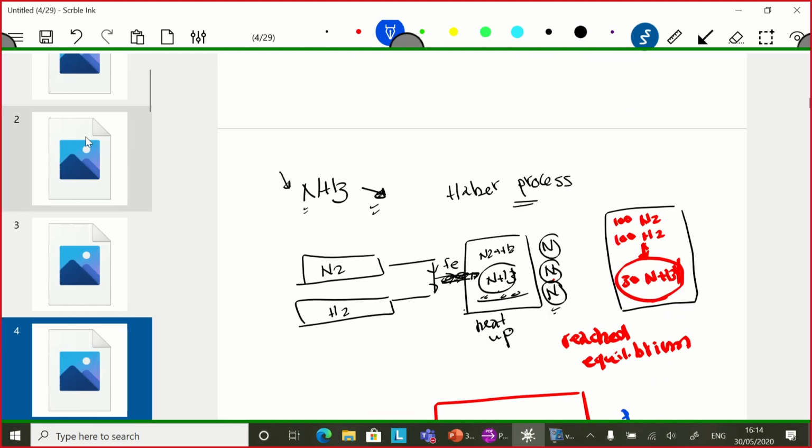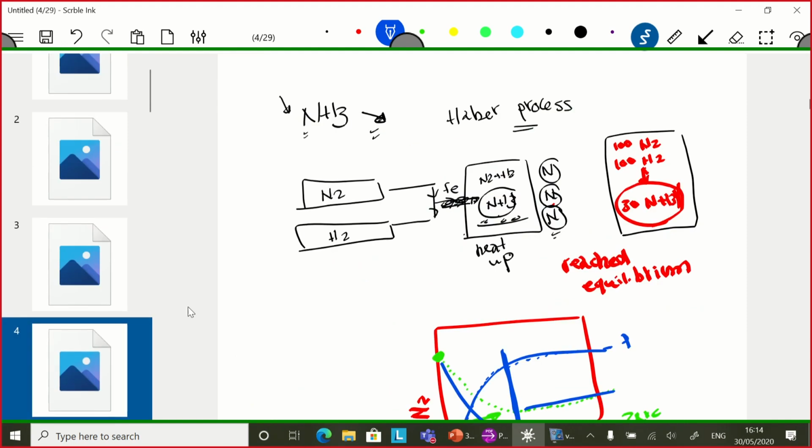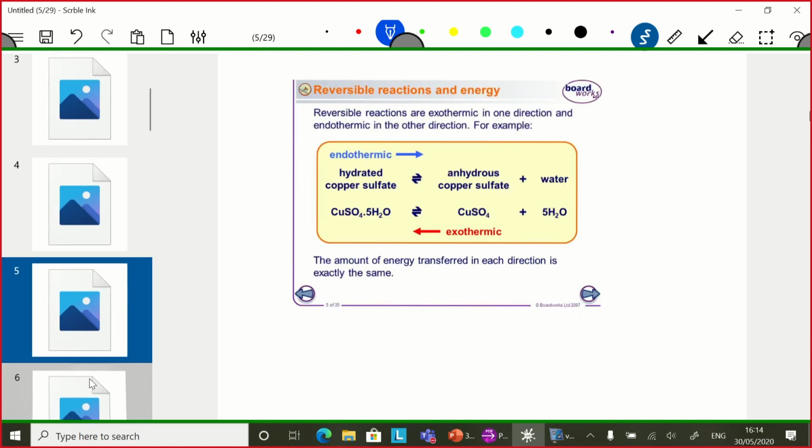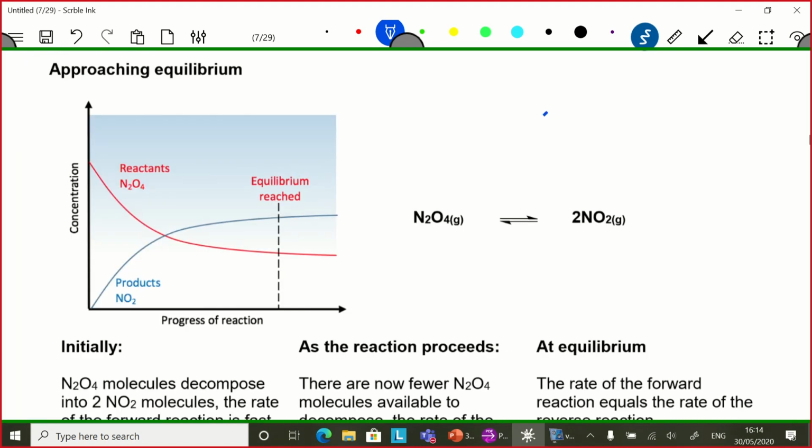So again, let's look very quickly at some of the graphical representations that we have here. I'll just show something here about this graph. So this is another reaction. So this is the dinitrogen tetroxide, N2O4.